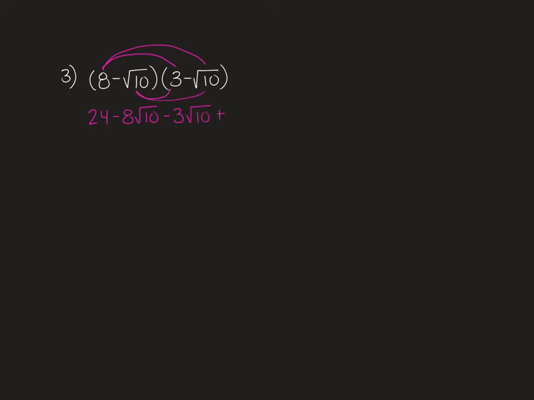And last we get plus square root of 100, which just turns into 10. So we have 24 plus 10, which is 34. Negative 8 square root of 10 minus 3 square root of 10 is negative 11 square root of 10. And that's your final answer.